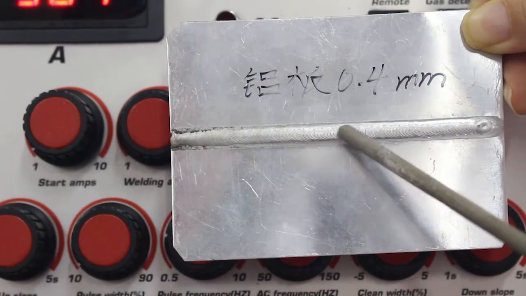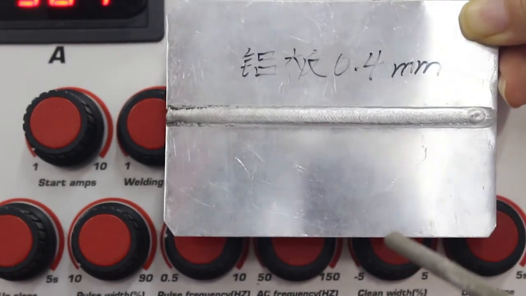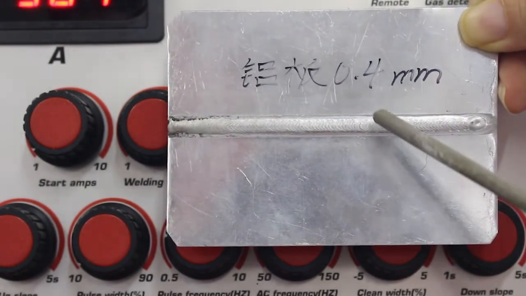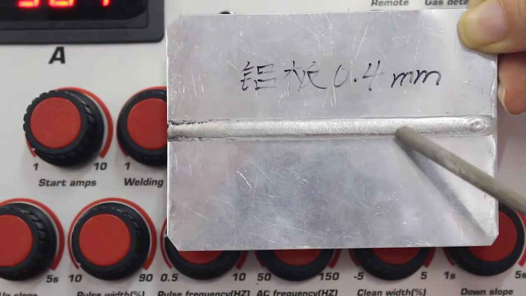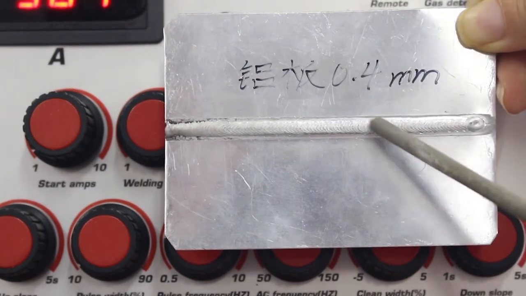The density is narrow, concentrated. So when the pulse frequency is high, the figure of the fish scale is concentrated.